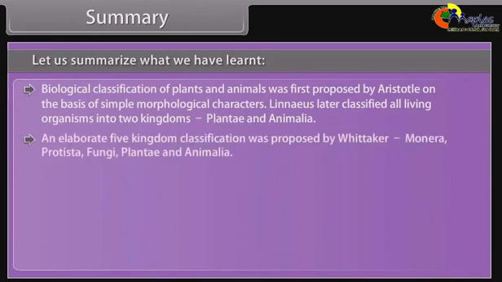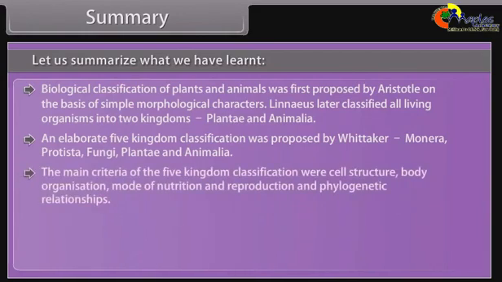An elaborate 5-kingdom classification was proposed by Whittaker: Monera, Protista, Fungi, Plantae, and Animalia. The main criteria of the 5-kingdom classification were cell structure, body organization, mode of nutrition and reproduction, and phylogenetic relationships.